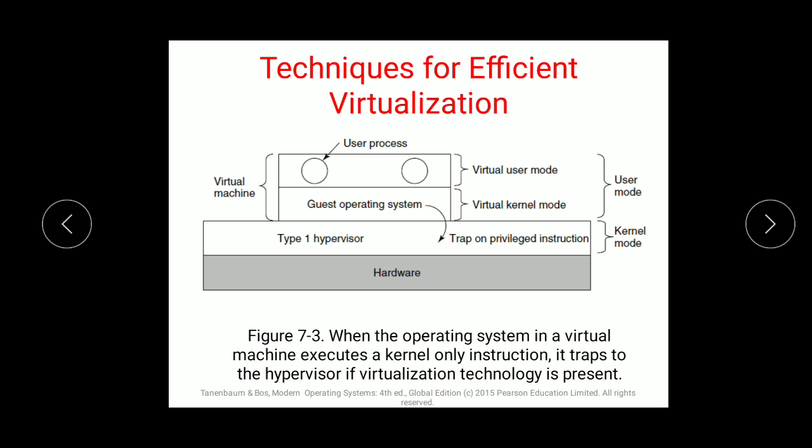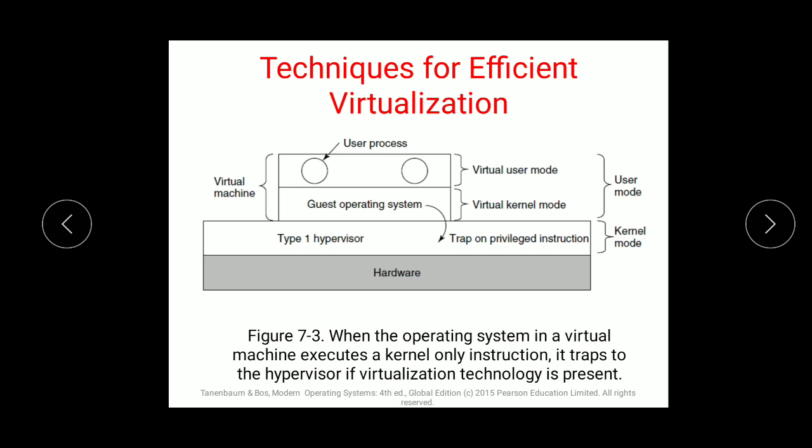So if we are considering type 1, what are the techniques for efficient virtualization? The virtual machine runs as a user process in user mode, and is denied from executing sensitive instructions. On the other hand, the virtual machine runs a guest operating system that imagines it is in kernel mode.